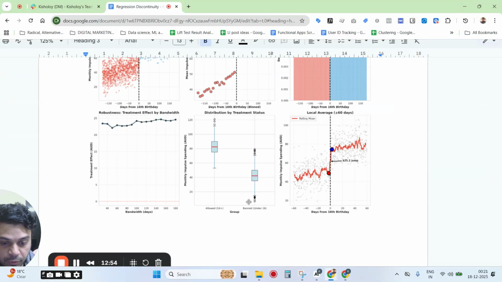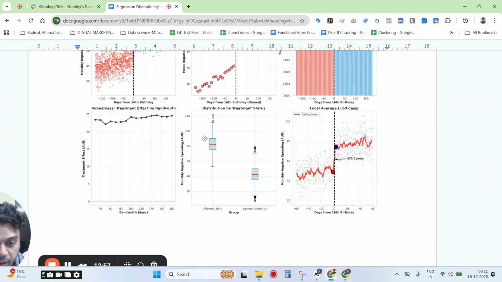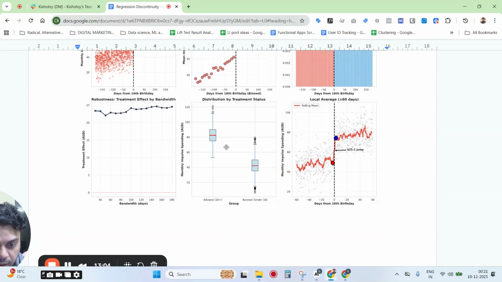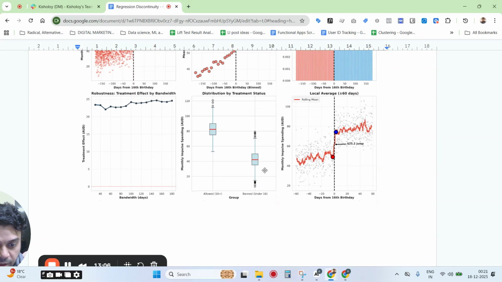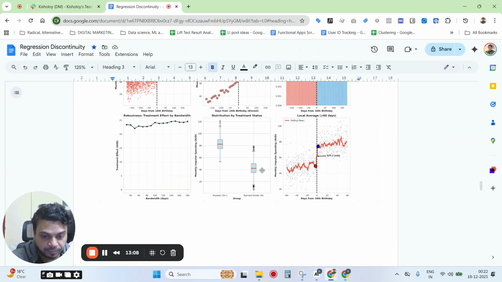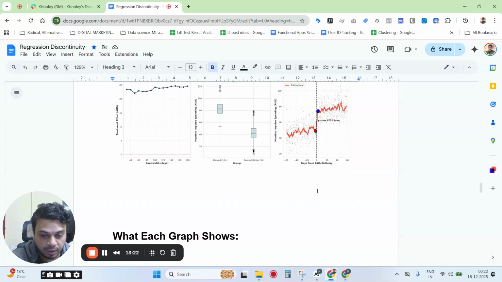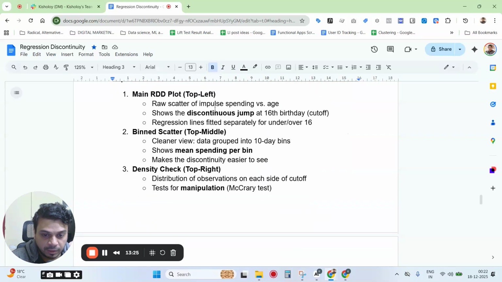As you can see, people who are allowed, above 16, are averaging monthly spends somewhere around 80 to 90, and these people are averaging somewhere around 40. So you get how the distribution is looking. And then you also have the rolling mean, plotted here instead of just the point-wise ones over each day. So this is how the graphs have been described as well. You can just take a look.